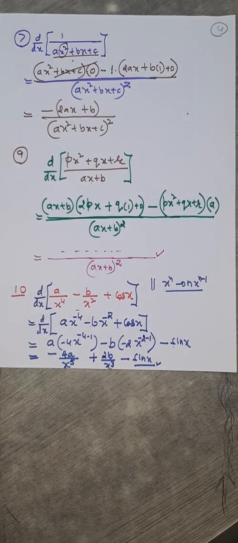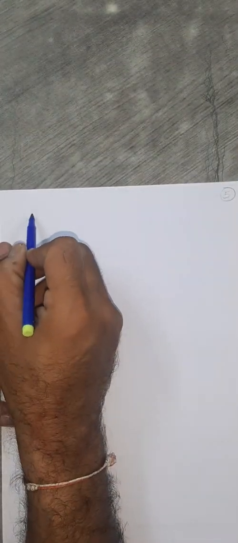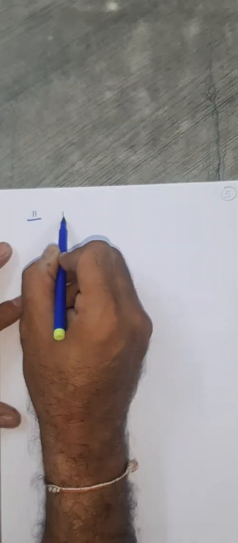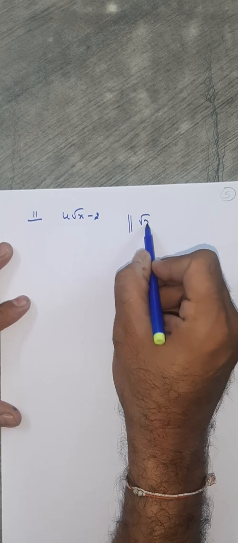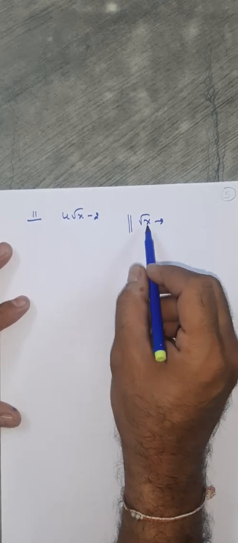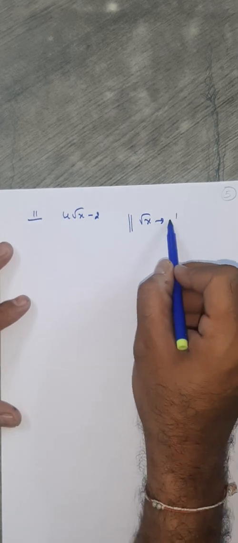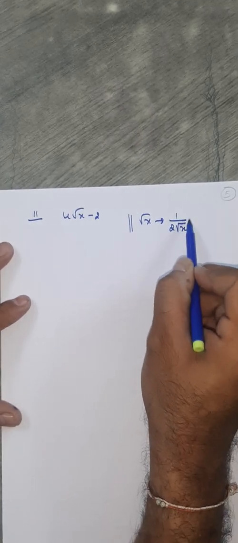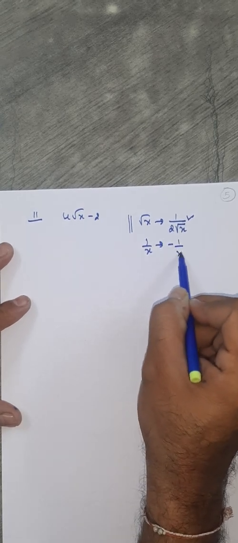Okay. Now next, 11th. It's a very trivial question. In the 11th, you have 4 root x minus 2. We did this too, if you remember, x raised to 1 half. So the derivative of root x, if you remember, is 1 by 2 root x, already explained. And one more important one, 1 by x, and minus 1 by x squared.